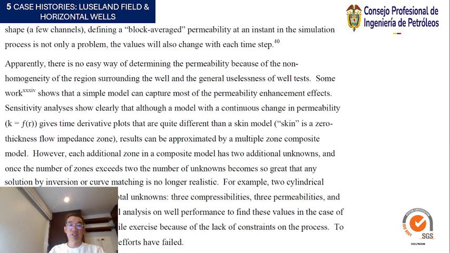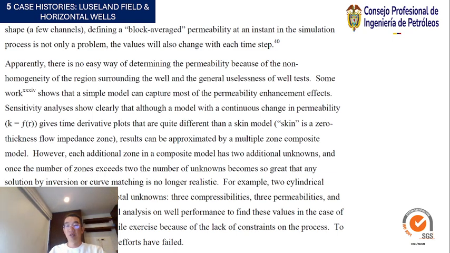However, each additional zone in a composite model has two additional unknowns, and once the number of zones exceeds two, the number of unknowns becomes so great that any solution by inversion or curve matching is no longer realistic.